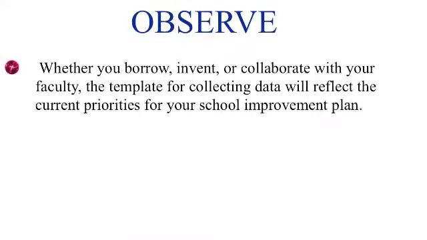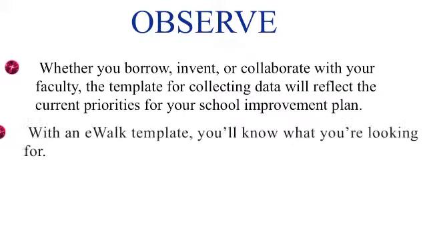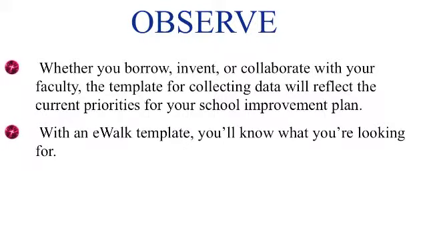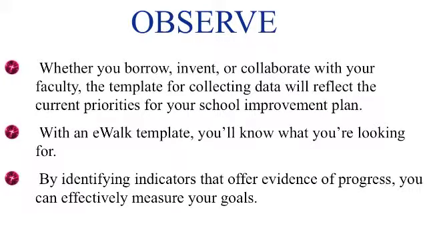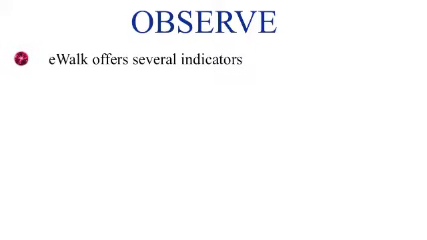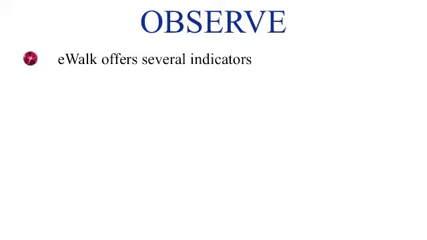eWalk gives you access to shared templates, or you can author your own templates yourself or in collaboration with others. When you observe, you know exactly what you're looking for, and you know exactly how to record it. eWalk has an authoring system that provides for numerous components that we call elements and checklists.